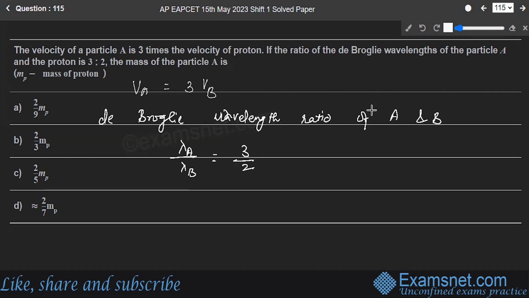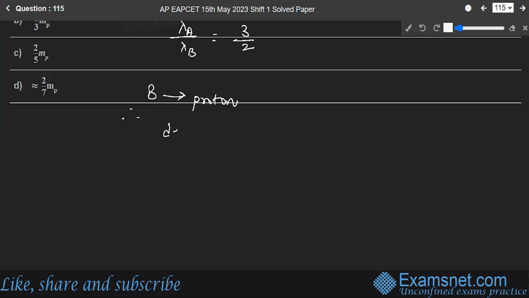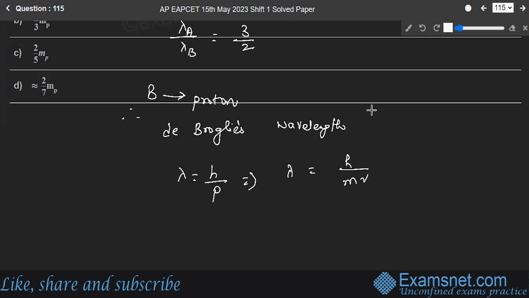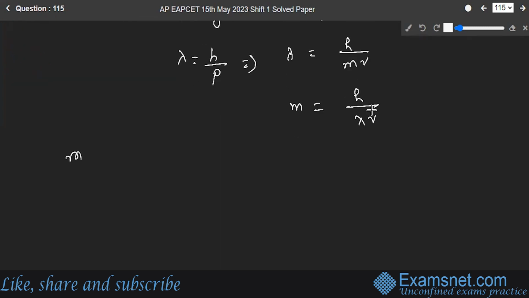You are having that particle B is a proton. So therefore, de Broglie's wavelength is given by lambda is equal to h upon p. That gives you lambda is equal to h upon mv, or you have m is equal to h upon lambda into v. Now, what is the mass of particle A?